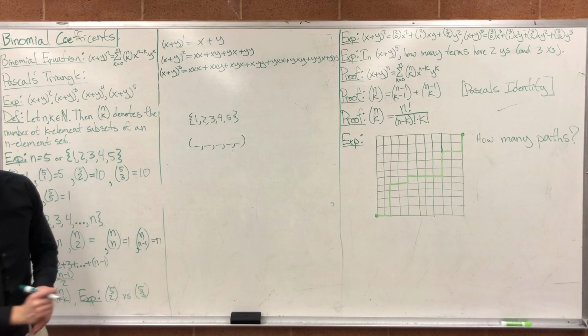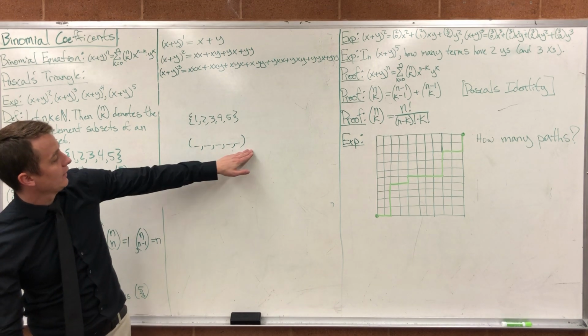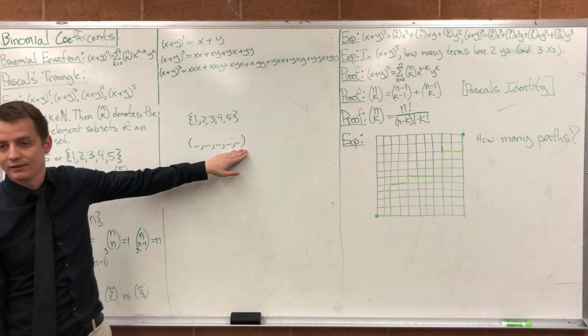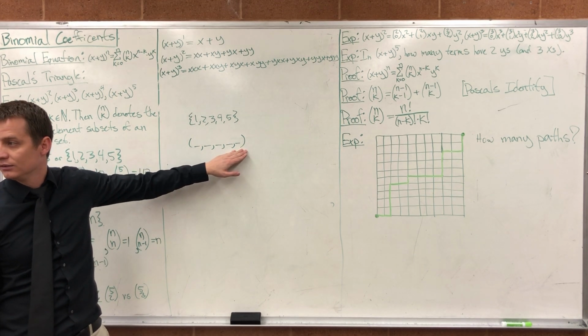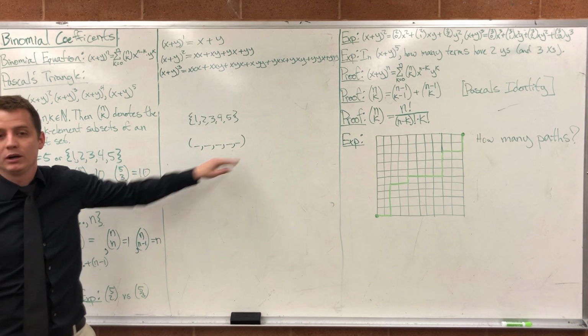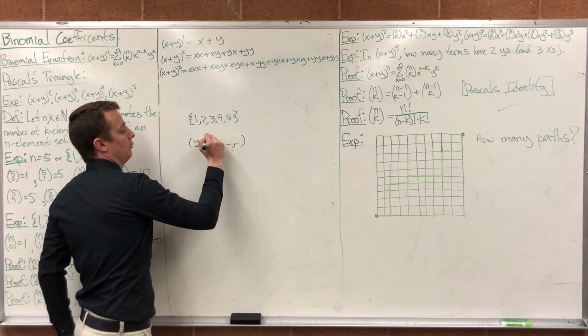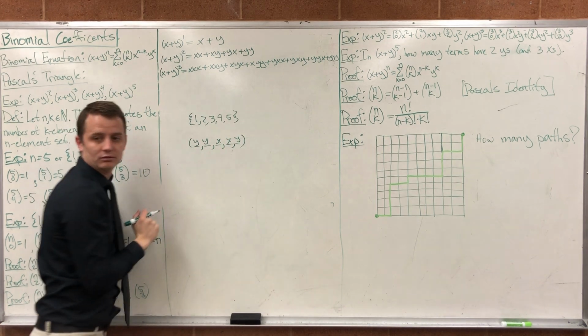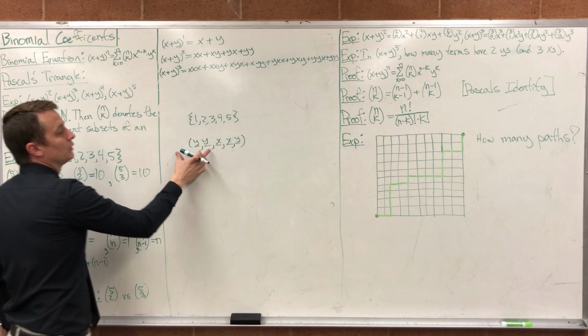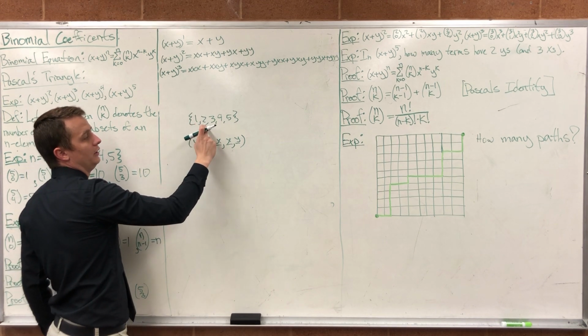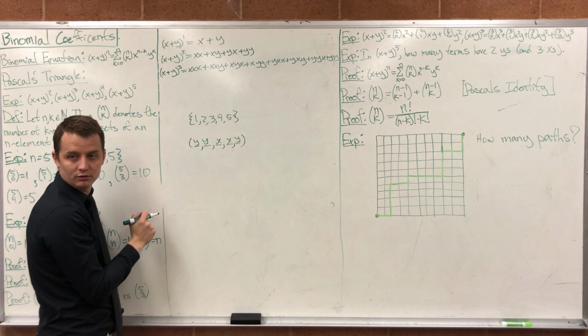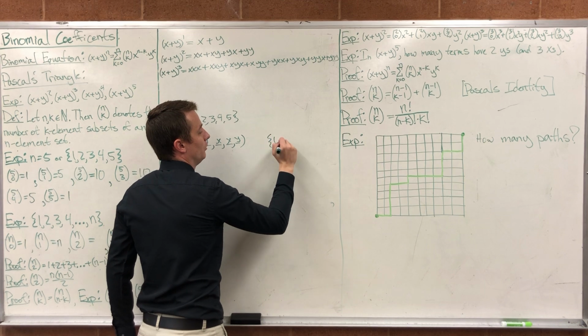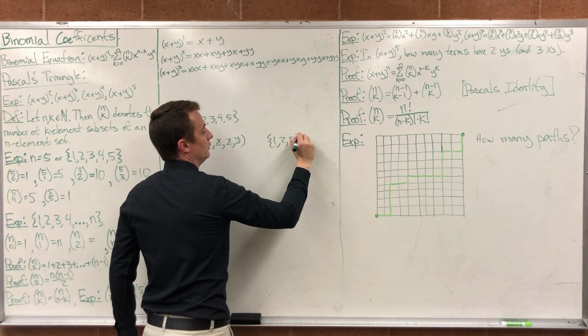So out of y's and x's, how many possible ways can I do y's and x's here? Give me one combination. You can pick y, y, x, x, y, for yes included, yes, no, no, yes. You with me? Then that would correspond to the subset {1, 2, 5}.